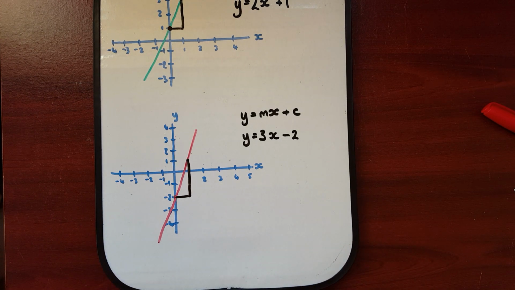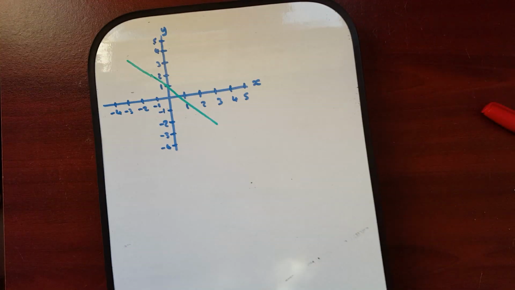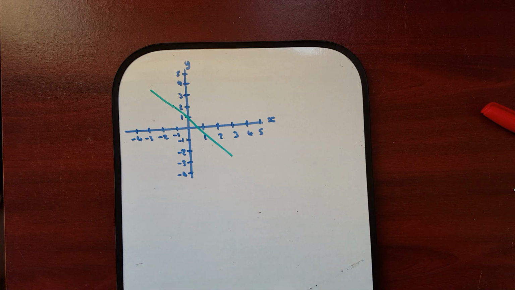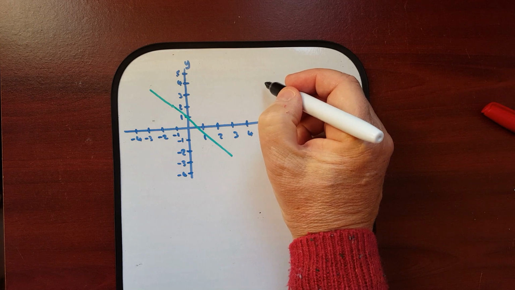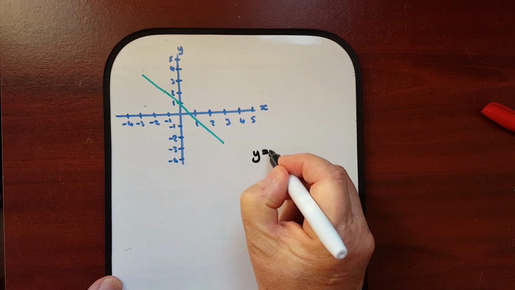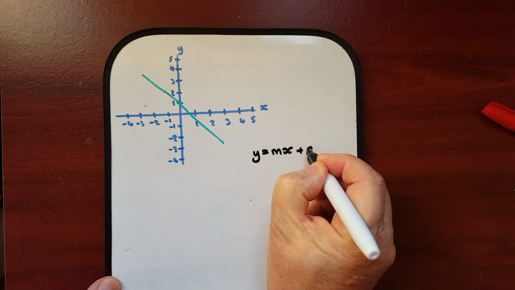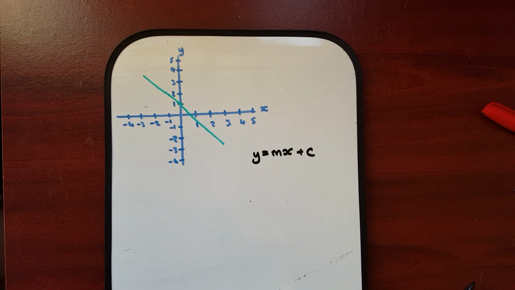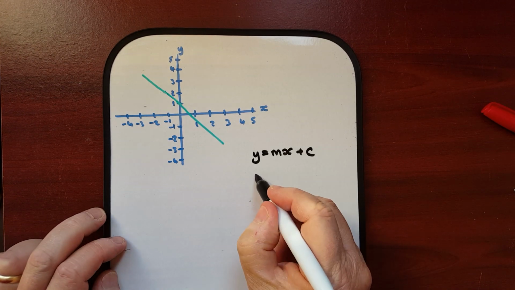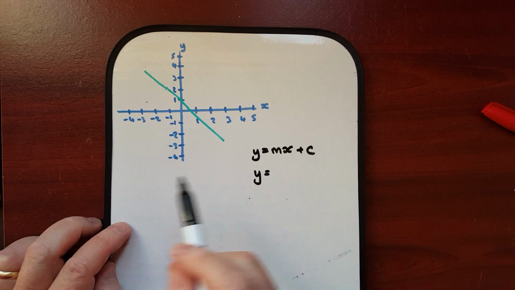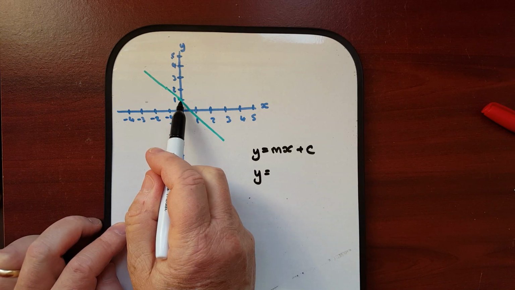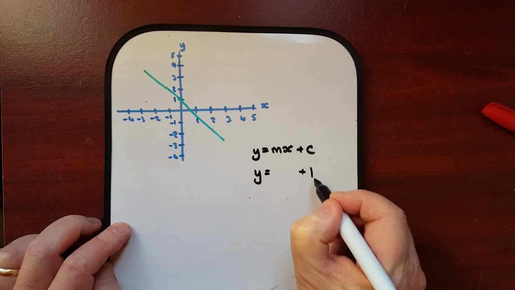Okay, there's just one more line to look at, and it's this one, and you can see that this one goes backwards. We still follow the same rule, y equals mx plus c. Something's obviously got to be different, so let's see what it is. Well, first of all, the plus c part, it crosses at 1, and it's plus 1.